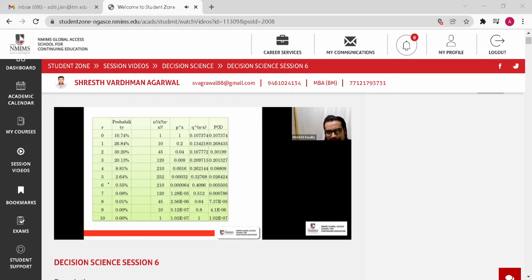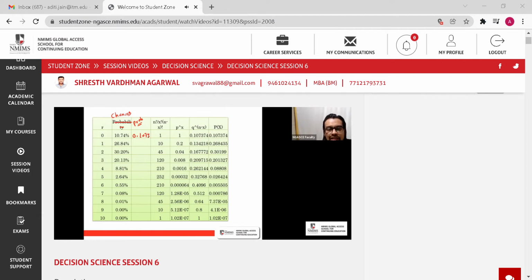These are the probabilities. Now, this is not a proper word. What should be there? What is a probability? Yes, probability is 0.1074.